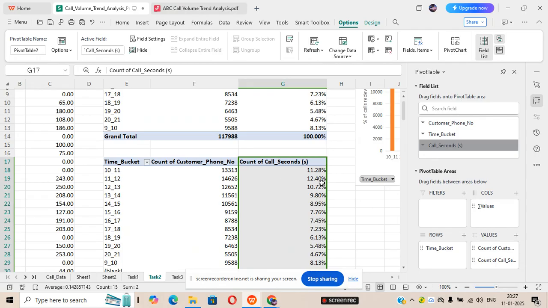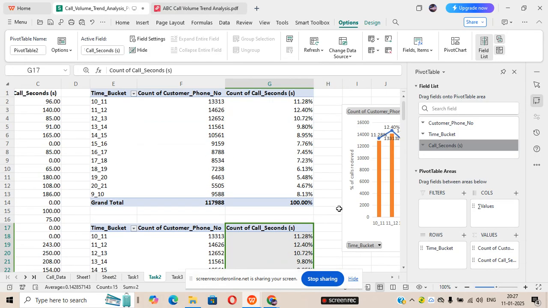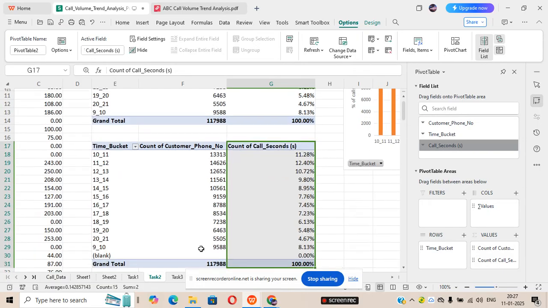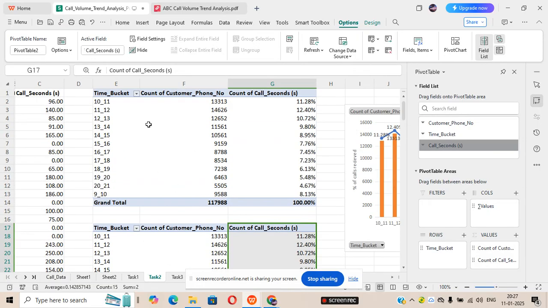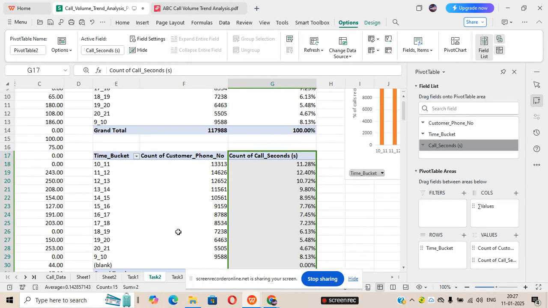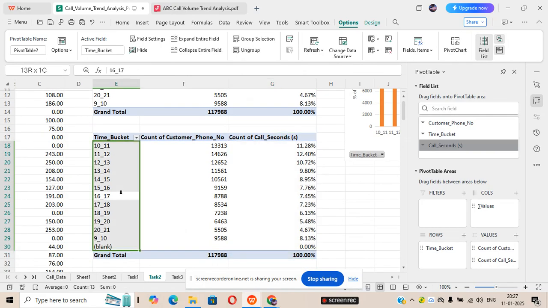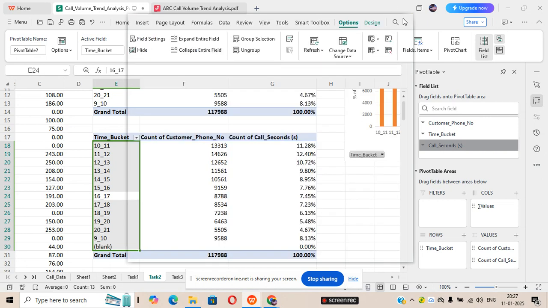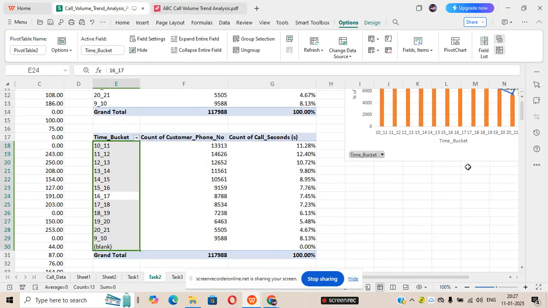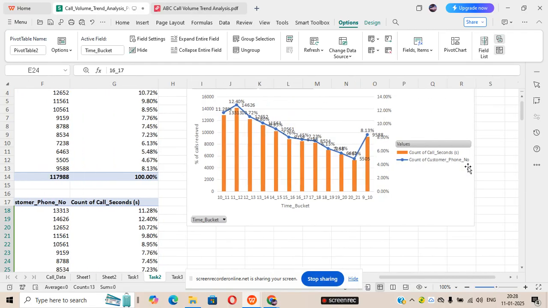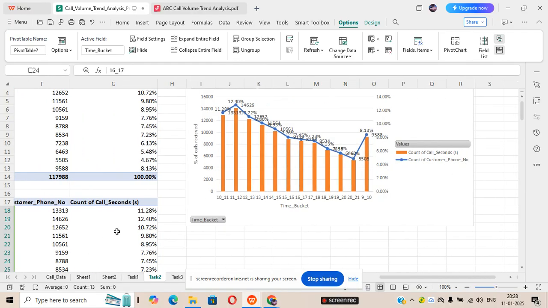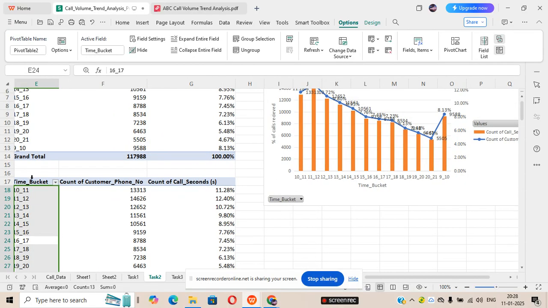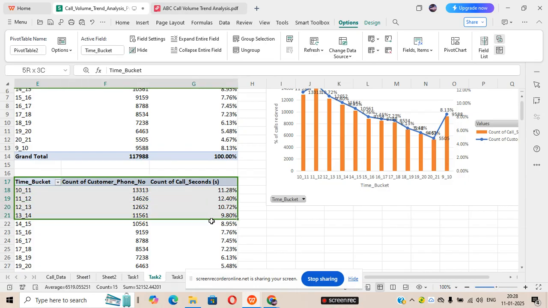This way I have got these values, and this is the table we have got above. I also added a pivot chart for it. Adding a pivot chart.